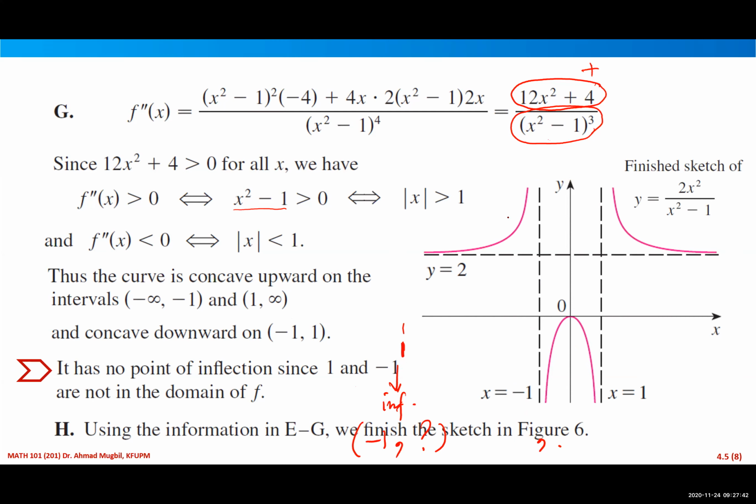Is it concave up here and there, down here, increasing, decreasing, local maximum, local minimum? Check everything. Is it symmetric about the y-axis? Because you know from the beginning that it is even. Look here, this is the y-axis. It is symmetric. It is like you have a mirror, and this is just the reflection.